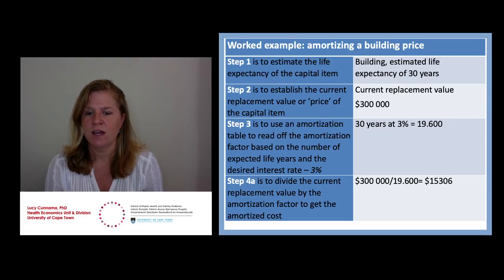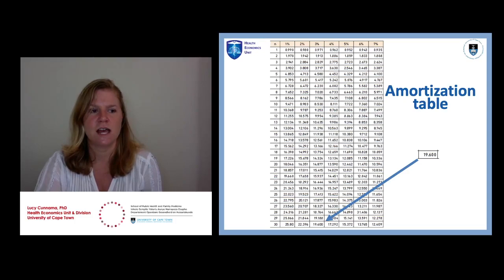In step 3, we need to take our amortization table to read off the amortization factor, and this is based on the number of life years, 30, and the desired interest rate. This is a portion of the table that you can see, and we look at N, the number of expected life years, and we set this at 30 because we think that the building will last for 30 years.